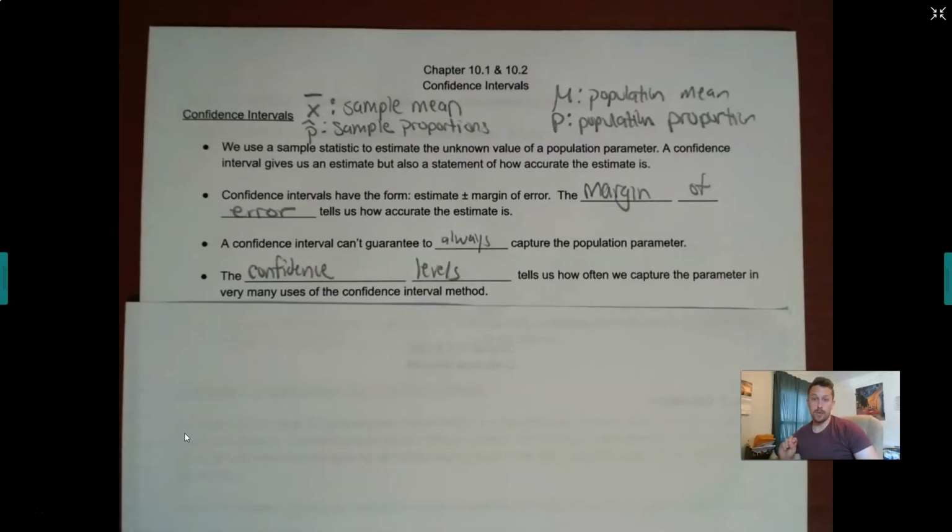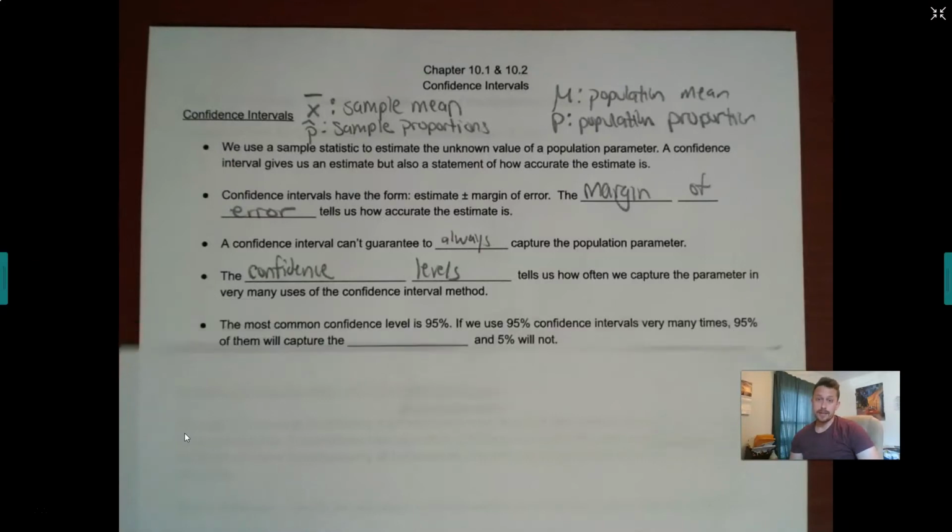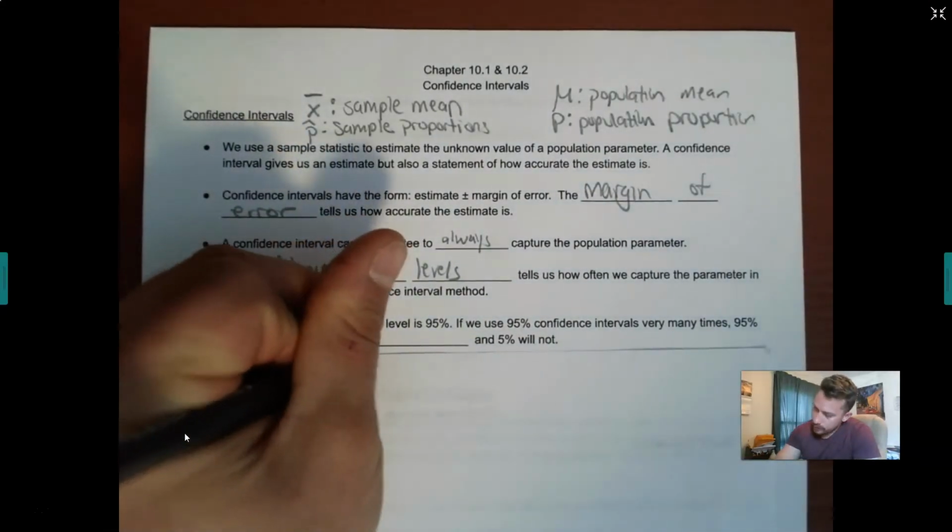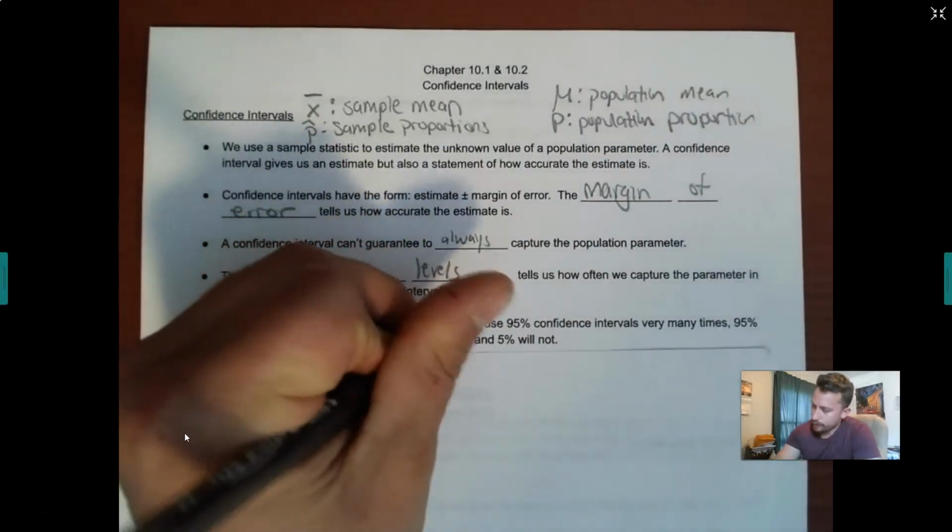And it's always as a percent. The most common confidence level is 95%. If we use 95% confidence intervals very many times, 95% of them will capture the parameter, which means 5% will not.